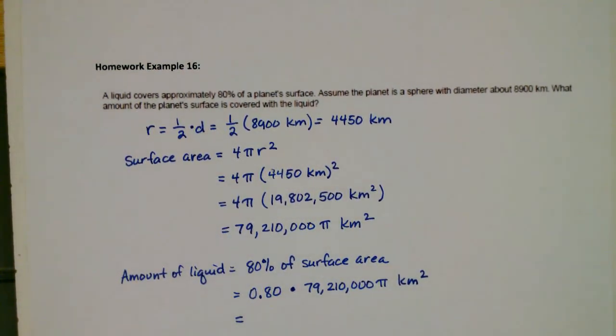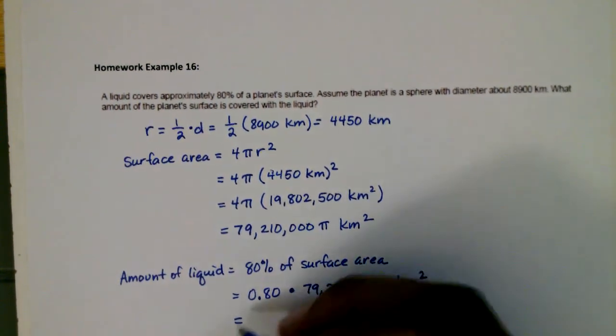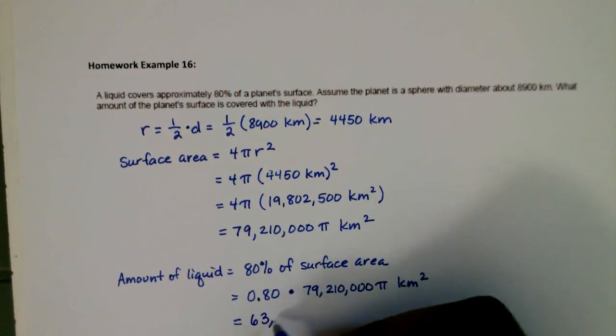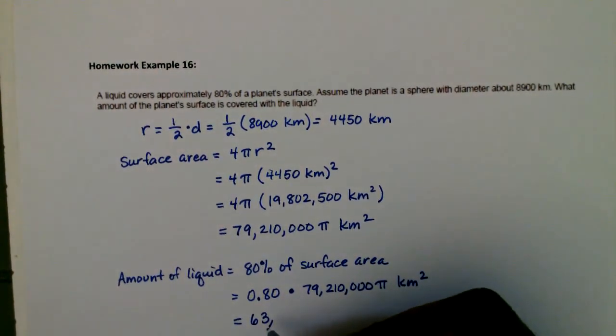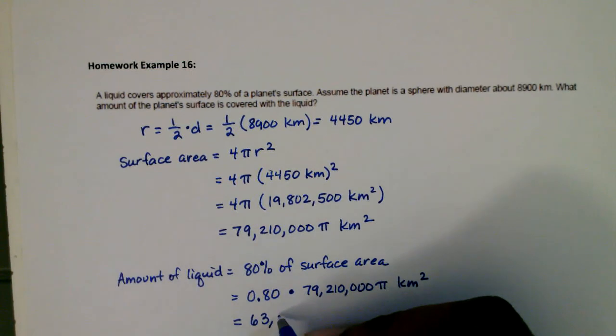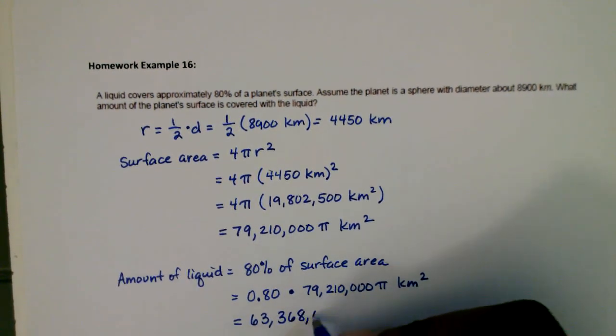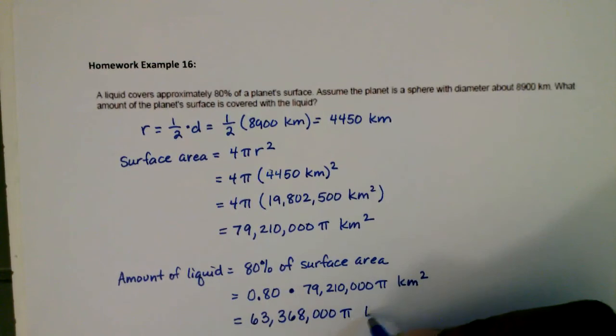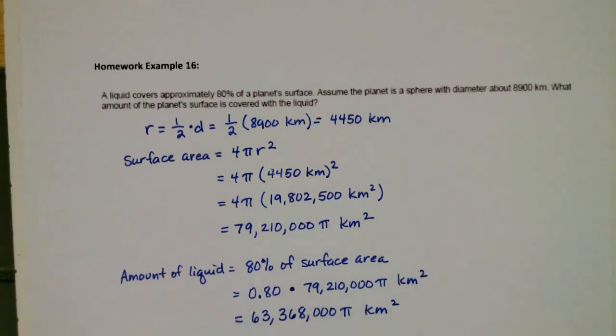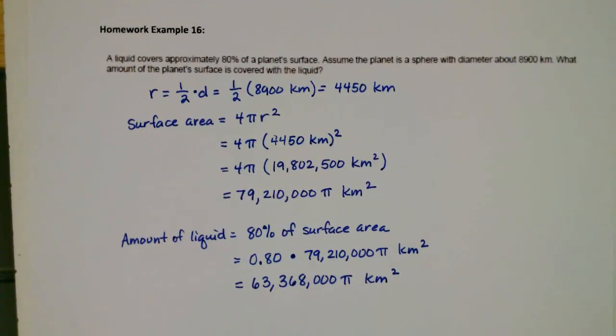So if I take that and multiply it by 0.80, I will end up with 63,368,000 pi square kilometers. That area represents 80% of the planet's surface, which is liquid.